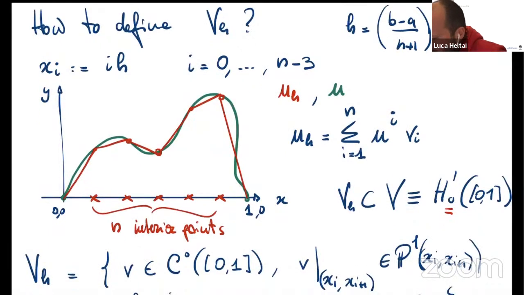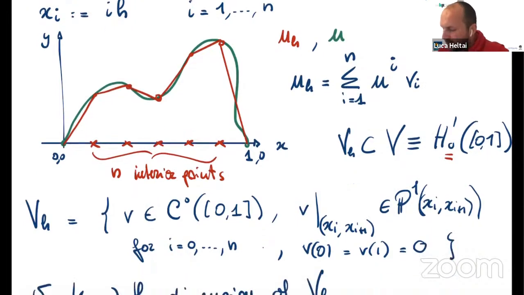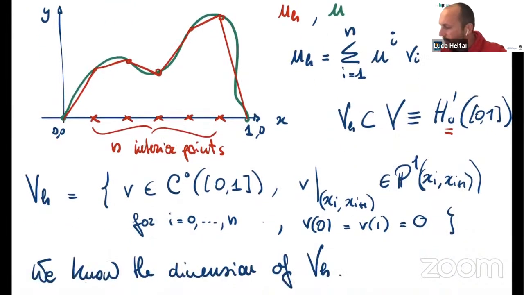And now, when xi is given by this object over here, i goes from 1 to n. I have n interior points plus 0 and 1. In 0 and 1, I don't want to have any freedom to choose because I want to fix the functions to be constant over there.